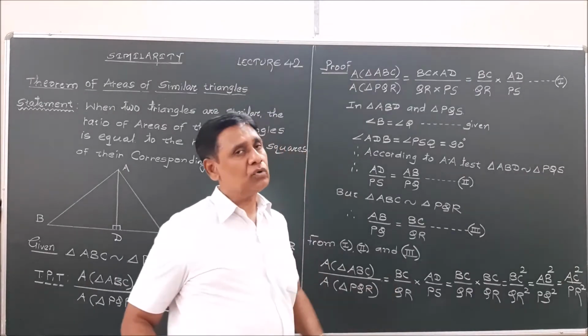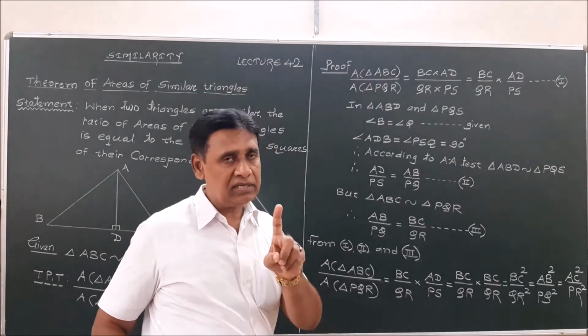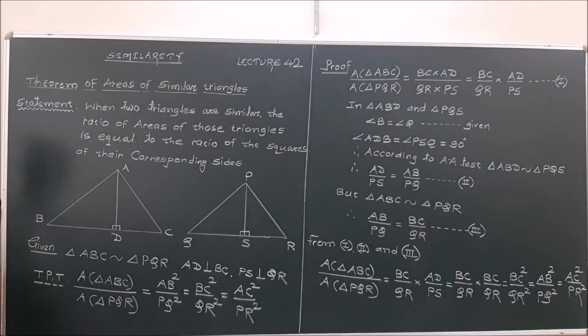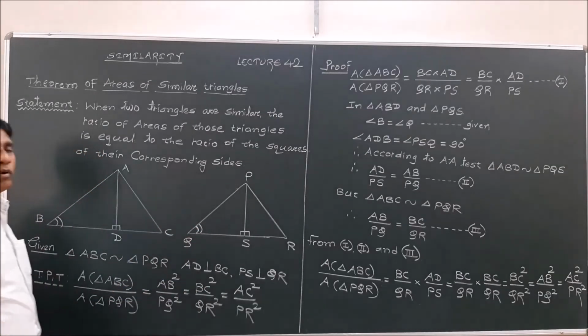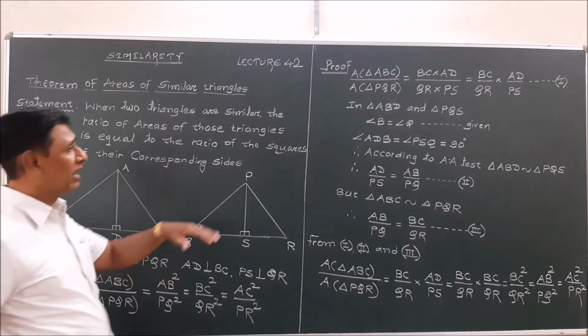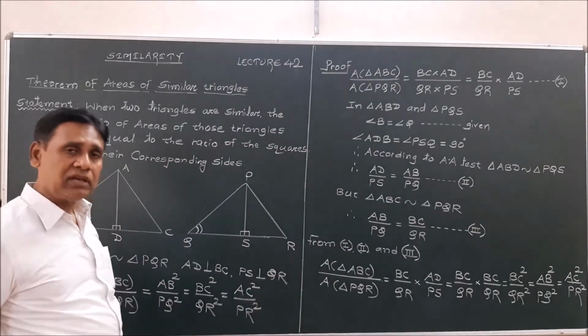Correct? Now you have to focus on the two triangles ABD and PQS. Why is B congruent with Q? This is important to understand. Though it is given, why does it come under the heading of given? The reason being that ABC is similar to PQR.